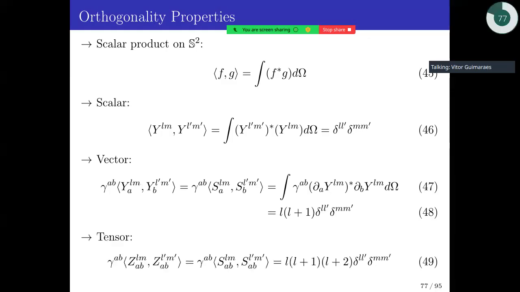The same thing will happen for tensors, but when you do this operation, taking the complex conjugate, contracting with the inverse metric and taking the integral over the two-sphere, this will render L times L plus 1 times L plus 2, and then the Kronecker deltas here, right? The L and L prime, M and M prime, which will always be 0 unless L and L prime and M and M prime are equal, okay?